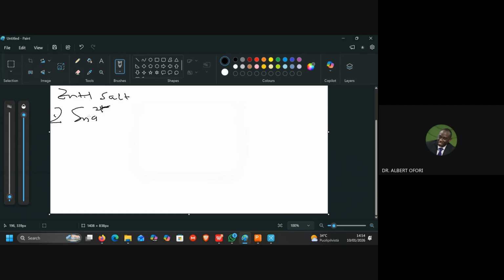Sn9 4 minus. You remember Sn belongs to the carbon group, so the borane equivalent will be BH. In this case, we're going to have B9H9 4 minus.